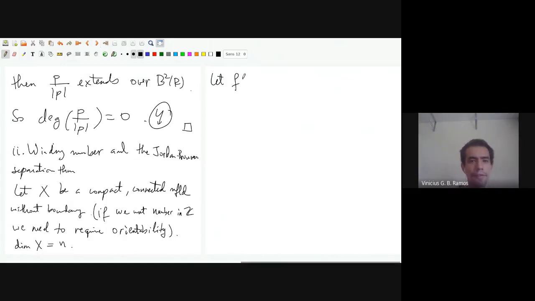And let f be a function from X to R^(n+1), which is smooth. And let z be a point which is not in the image of f.